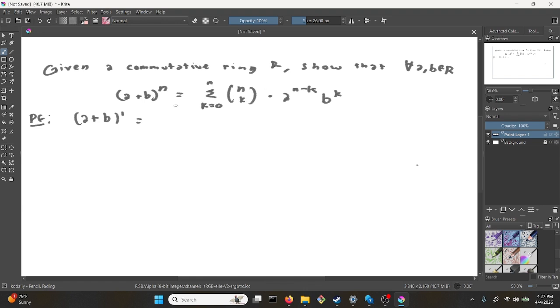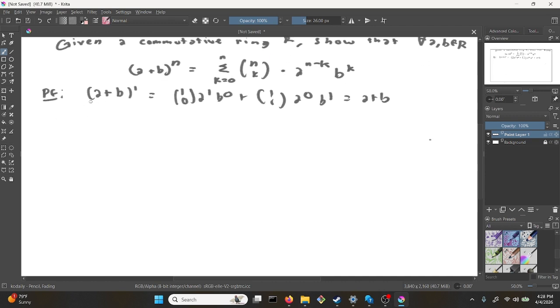And likewise on this side, we would get something like 1 choose 0, a to the 1, b to the 0, plus 1 choose 1, a to the 0, b to the 1. And this is just a plus b, right? I mean, if I wanted to be more precise, I would write this as a plus b, and then this in a separate line, and that's a plus b, but it's whatever.